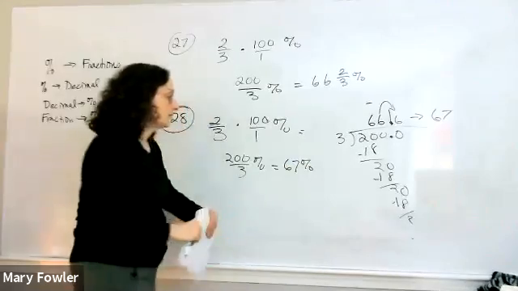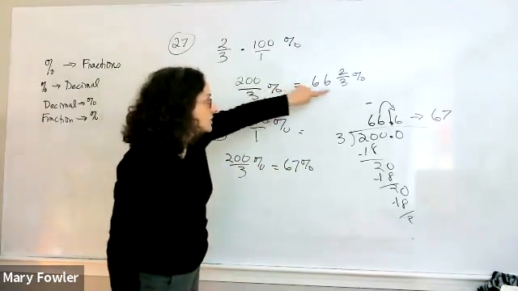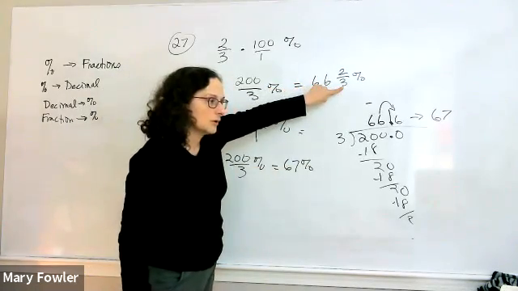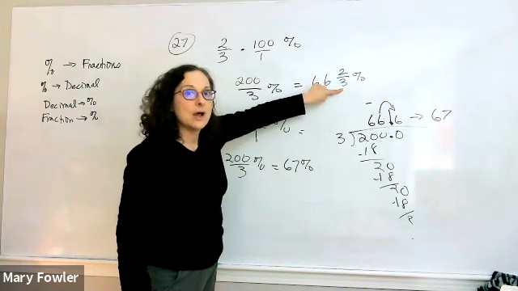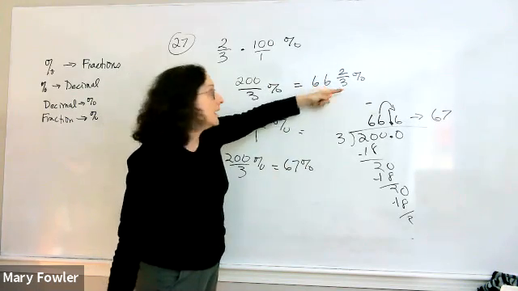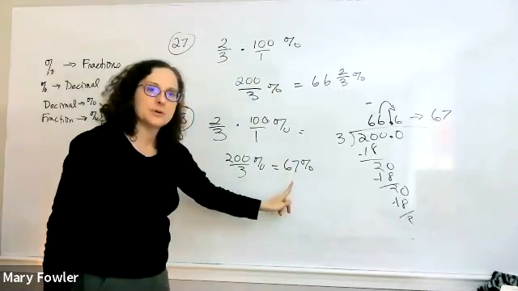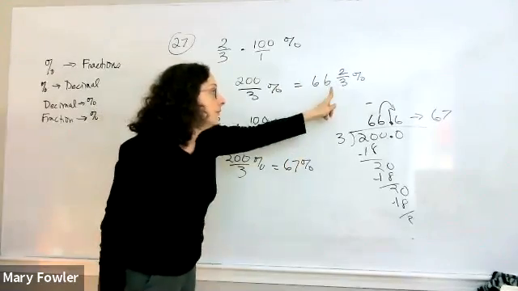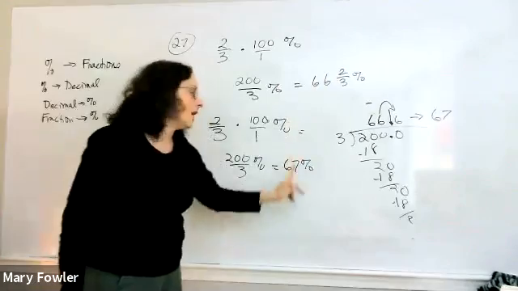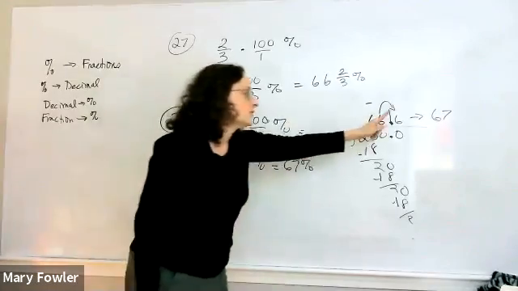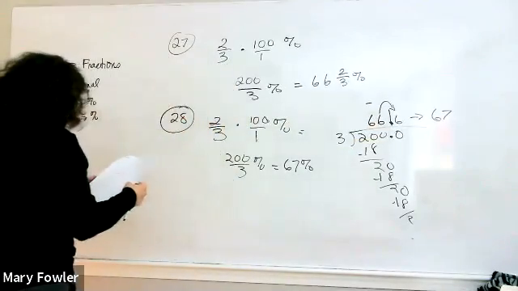And we look here that it's also equal to 66 and 2/3%. So 2/3, because it's 1/2 or bigger, ended up rounding us up. We had to round up and add 1 from 66 to 67.